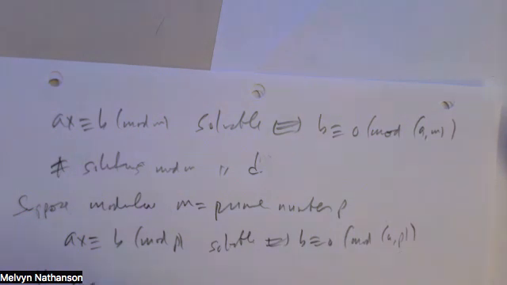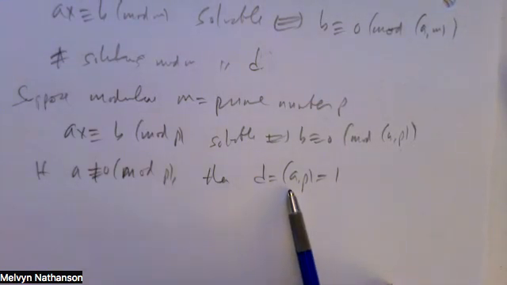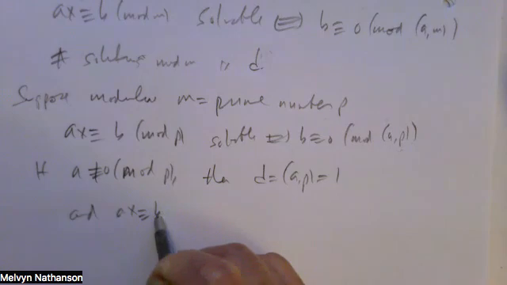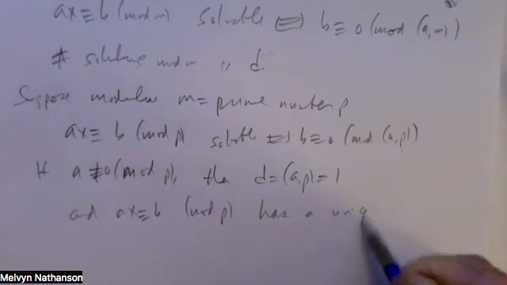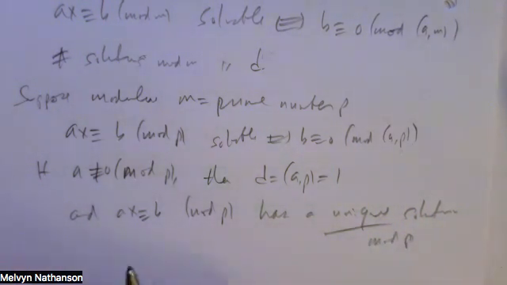So if a is not divisible by p, if a is not congruent to 0 mod p, then the greatest common divisor of a and p must be 1. If p doesn't divide a, the greatest common divisor of a and p is 1, and ax congruent to b mod p has a unique solution mod p.